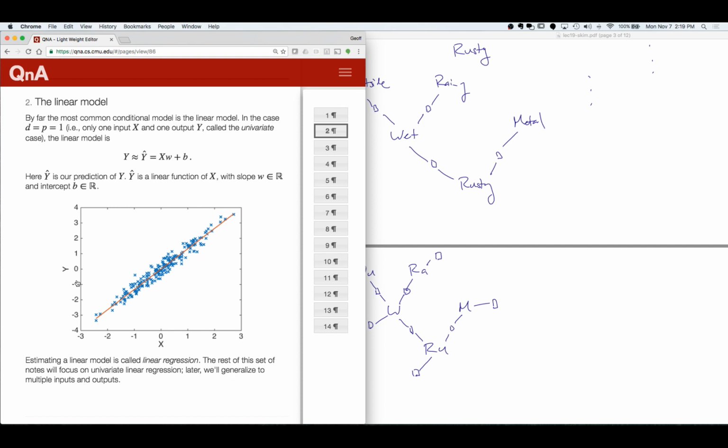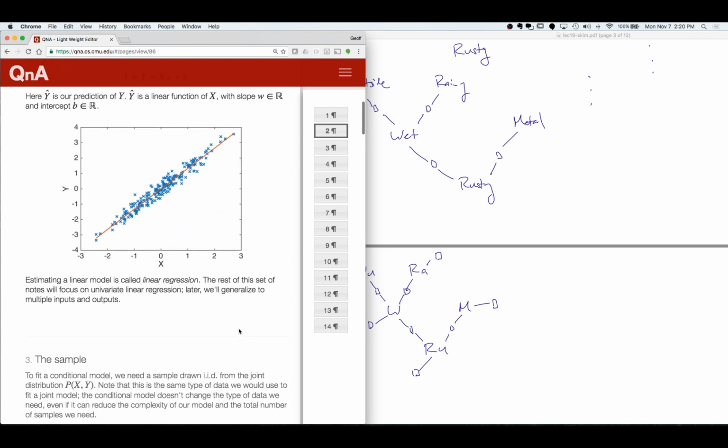There are lots of other possible relationships besides linear, and there are lots of other models besides this particular model. But this is a particularly nice and interpretable one, and a lot of the intuitions that we get by looking at this one will hopefully carry over to more complicated prediction tasks. All right, so let's get started.